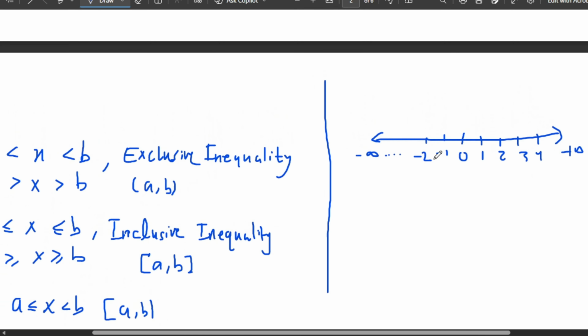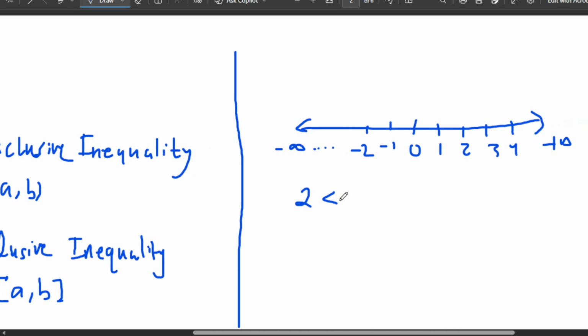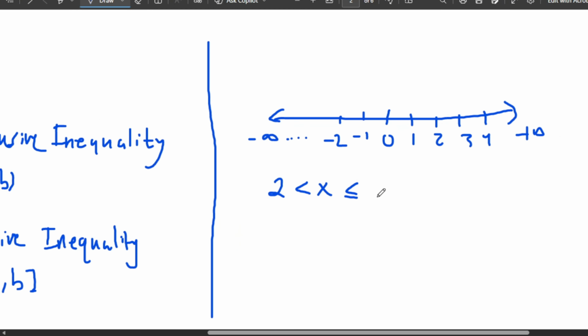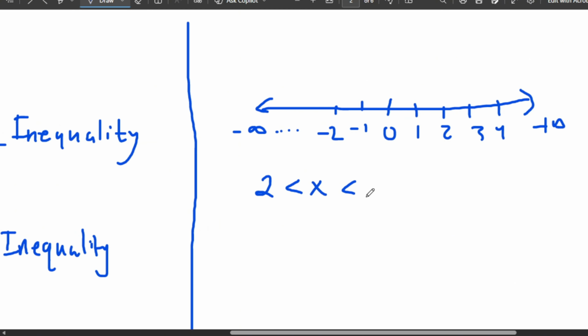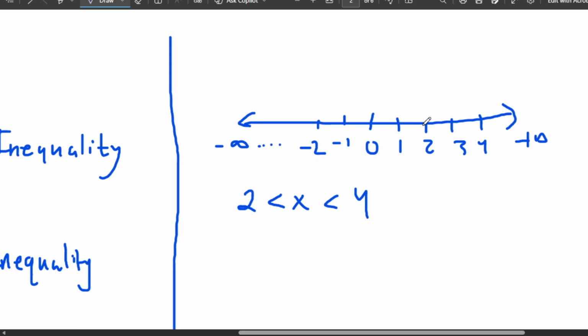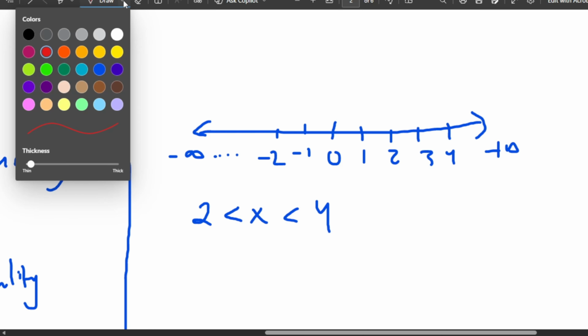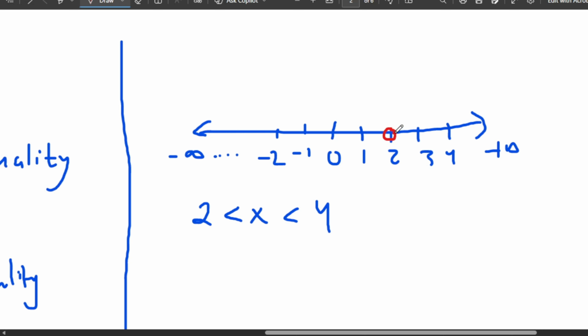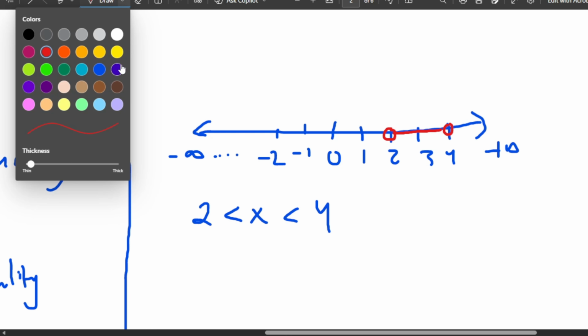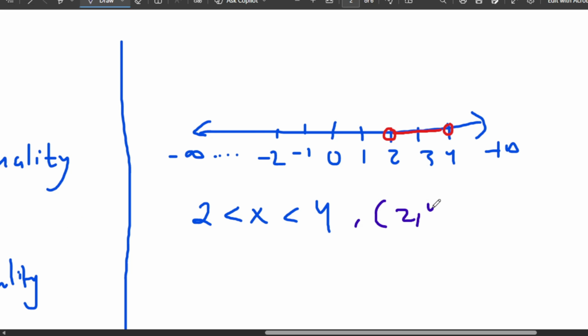If we have 2 is less than x is less than 4, which is only an exclusive inequality, and you want to put it on a number line, we put an open circle, and drag along the axis to another open circle, and that denotes that it doesn't equal 2 and it doesn't equal 4, but it's between 2 and 4.